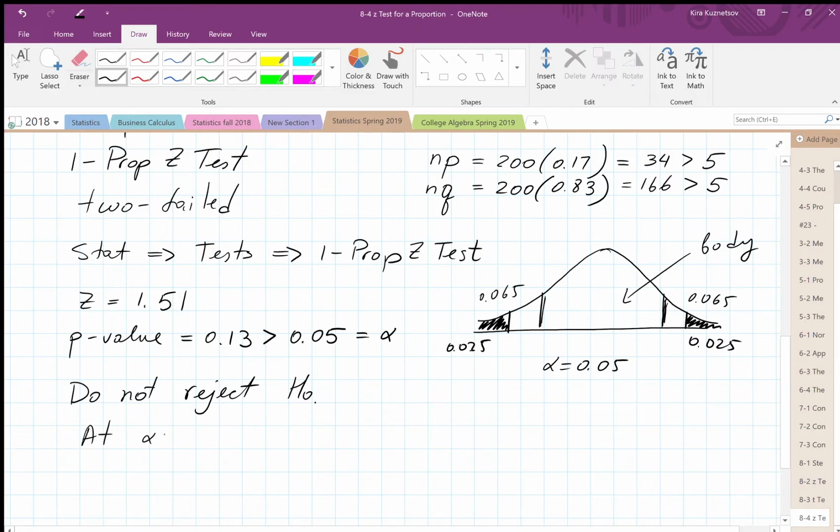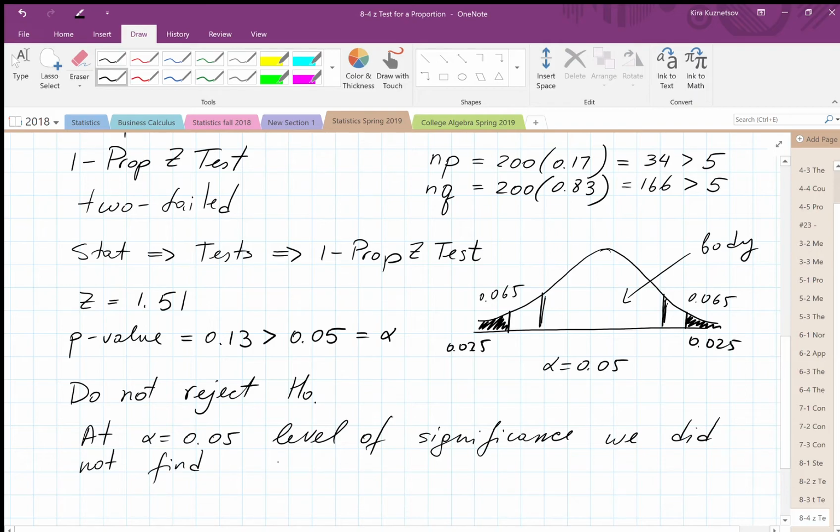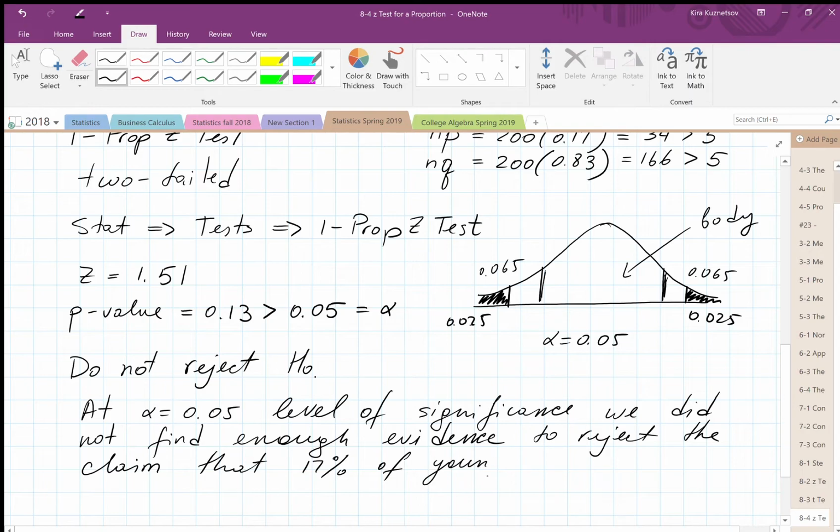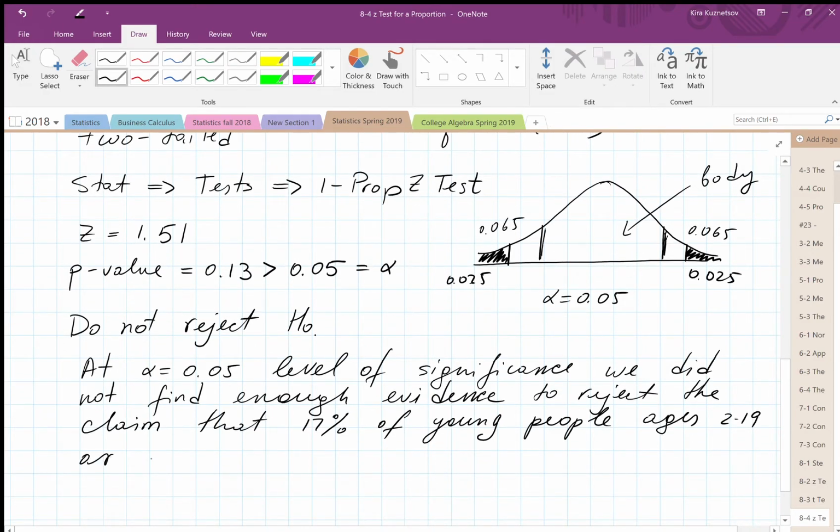You can say at alpha of 0.05 level of significance, we did not find enough evidence to reject the claim that 17% of young people ages 2 to 19 are obese.